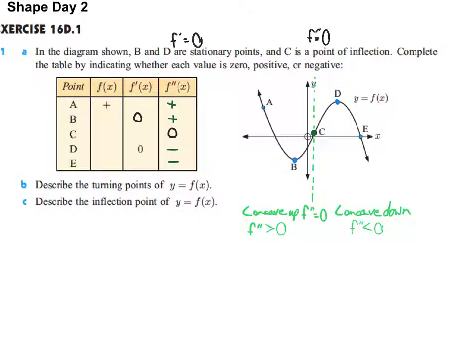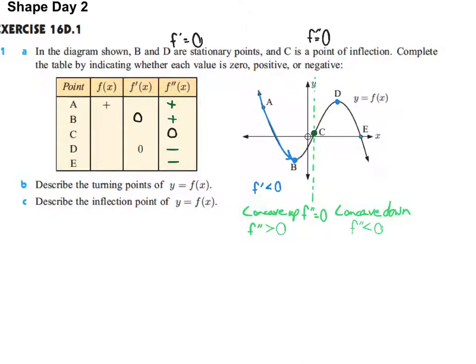To the left of B, we are decreasing, and that means f prime is negative.